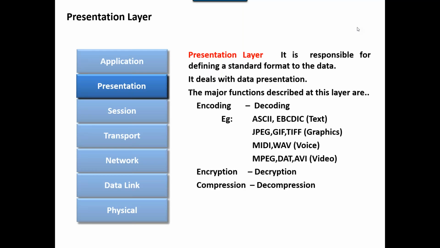Source means the sending system. Destination means the receiving system. There is no client-server concept here. Where we generated the request, where we generated the data, that is called the source. Where the data is ending, that is the destination. Is this clear?